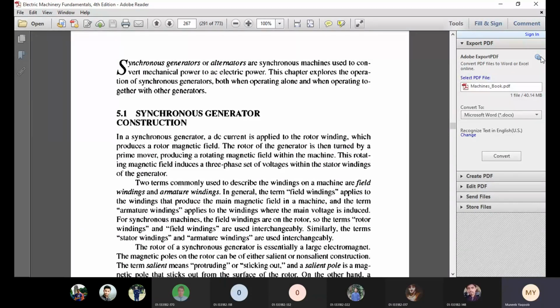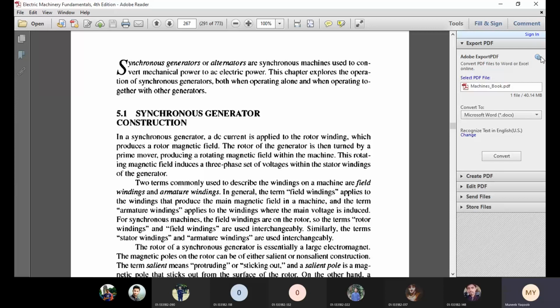So when the shaft of the synchronous generator that was provided with a fixed magnetic field is rotated by the prime mover, this fixed magnetic field becomes a rotational magnetic field. And now this rotational magnetic field induces a three-phase set of voltages in the stationary winding of the stator. And these three terminals now offer three-phase voltages, that is electricity.